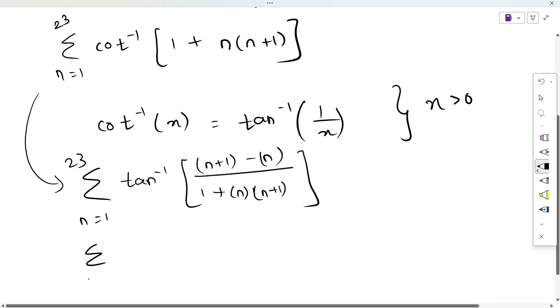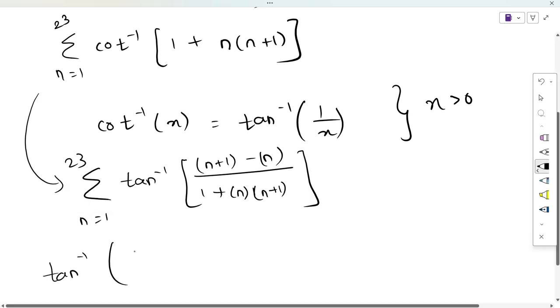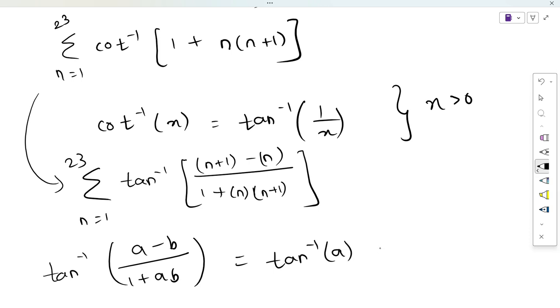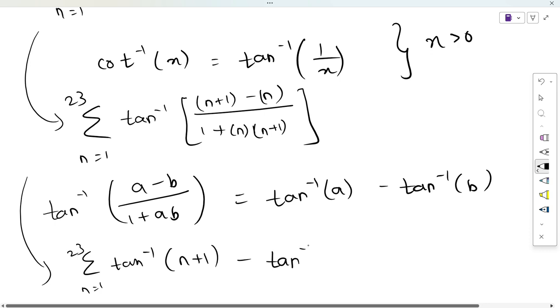Now we can see a pattern which is about a trigonometric identity again, which says that tan inverse of a minus b upon 1 plus ab is given as tan inverse a minus tan inverse b, and this identity can be seen in this equation over here. So let us write it as summation n equal to 1 to 23 tan inverse n plus 1 minus tan inverse n.